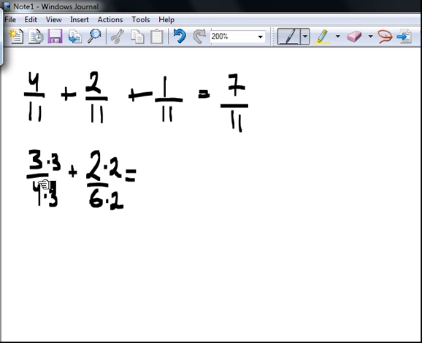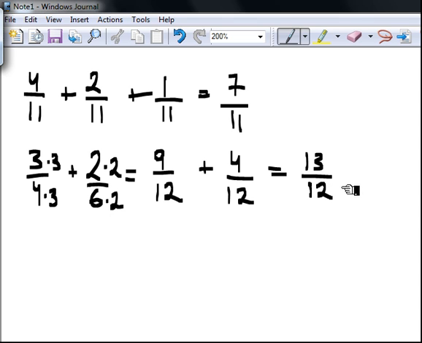So 3 over 4 is going to be written as 3 times 3 is 9 over 12, of course, because that's what we wanted. Plus 2 times 2 is 4, and down here is going to be 12 as well, of course. Now it's going to be easier. 9 plus 4 is 13 over 12.